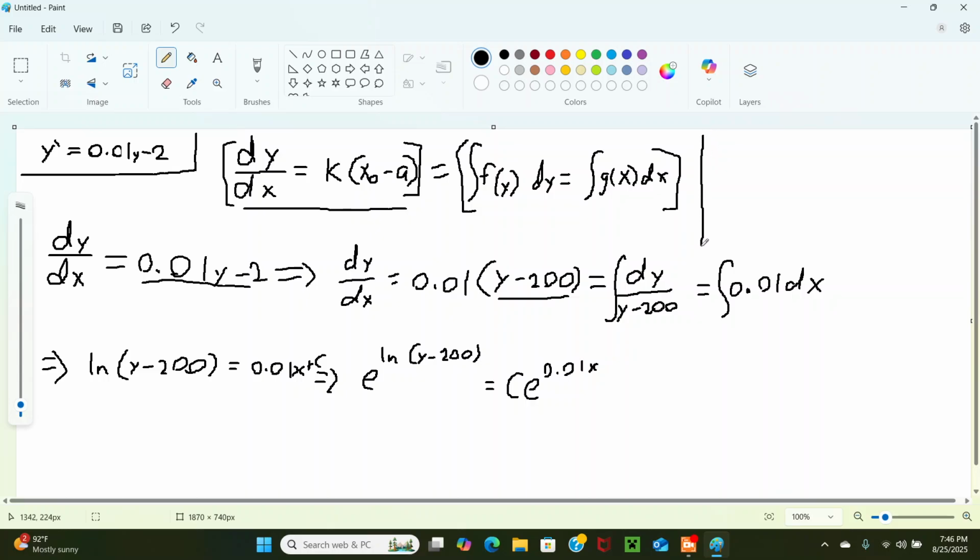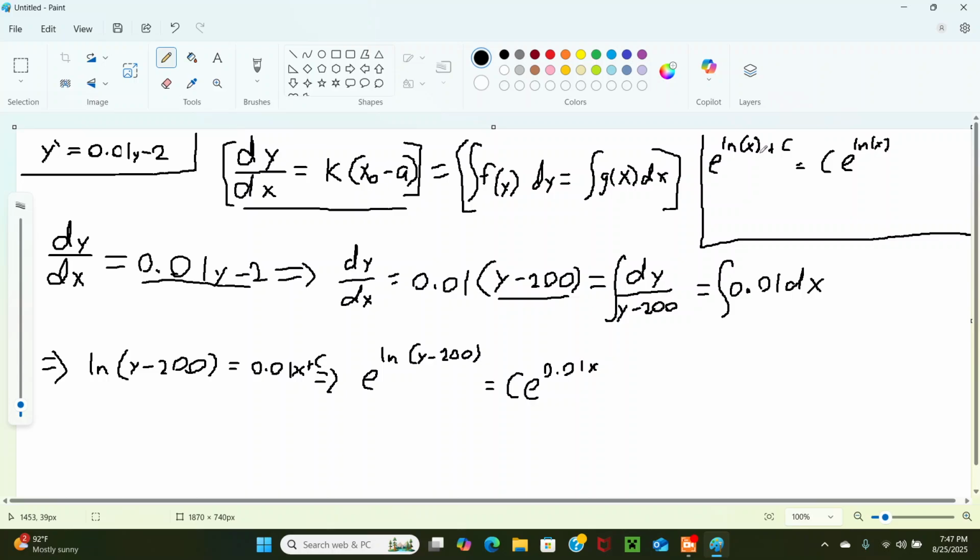I do want to write that right here because you're going to see that a lot, and I just touched on it briefly. You need to understand that e raised to some other function, say just ln of x plus c, is the same thing as c e raised to the ln x.